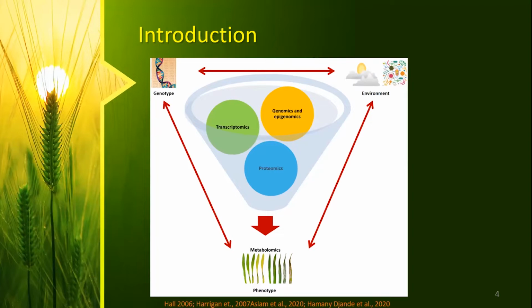Phenotypes are influenced by the genotype, the environment, and the interaction between the two. Inversely, the interaction between the phenotype and the environment can also affect the genotype. Moreover, the variation of the genome affects the phenotype through a series of downstream events on the transcriptome, proteome, and eventually the metabolome.